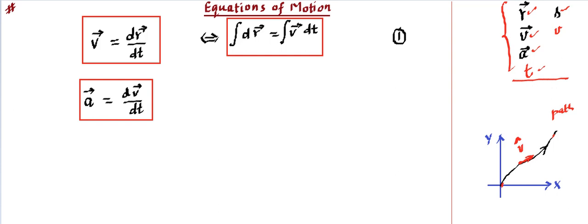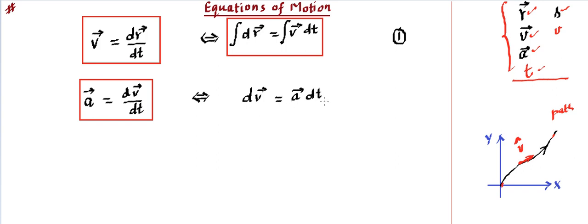Just like we had earlier, we can also say that this implies both ways. That's when we apply this symbol that says it is true both ways. That means if this is true, then this is true, and if this is true, then this is true. You know that. A differential equation will be formed as dv is equal to a dt, a for acceleration, dt for differential time.